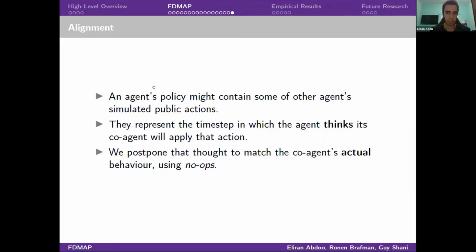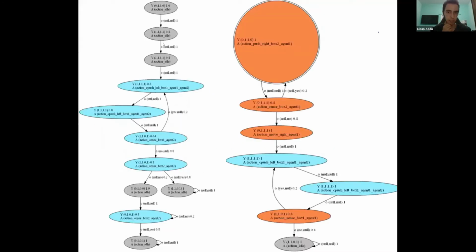So for that, I'll again go back to the previous example, in which we can see an effect of the alignment practically here. So we have a collaborative action where both agents push a box left.